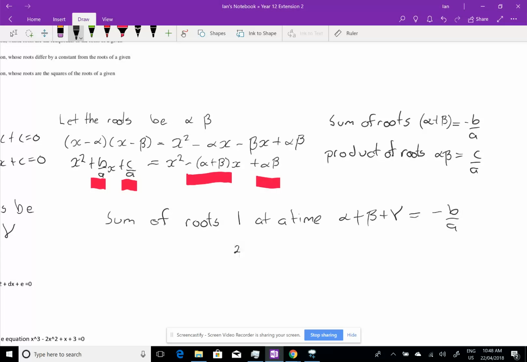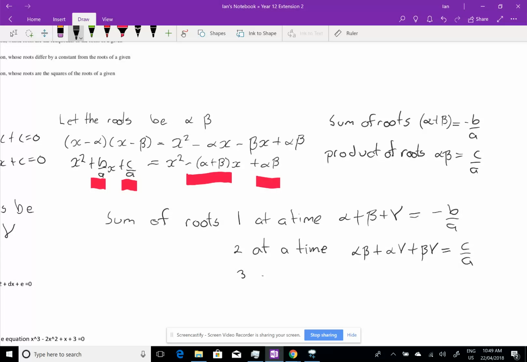Now the sum of the roots, two at a time, alpha beta plus alpha gamma plus beta gamma, will be c on a.